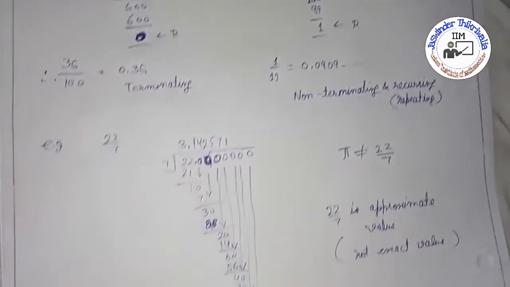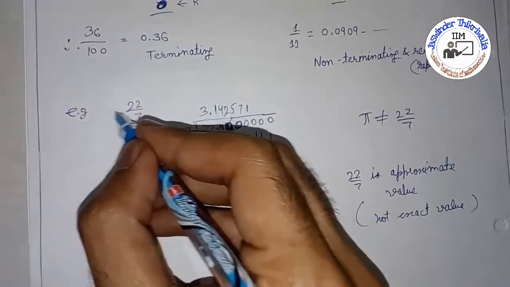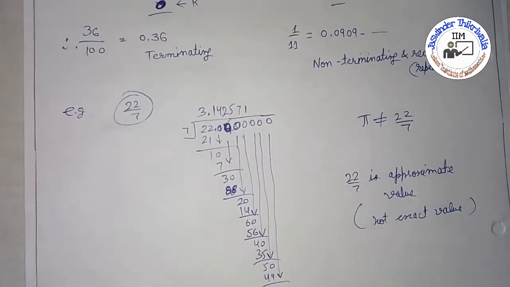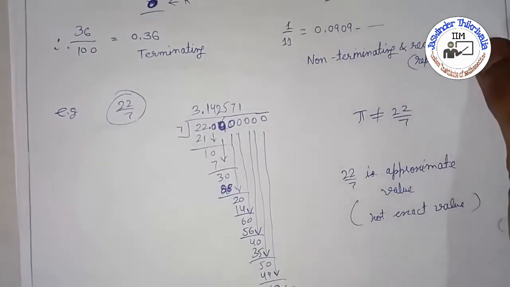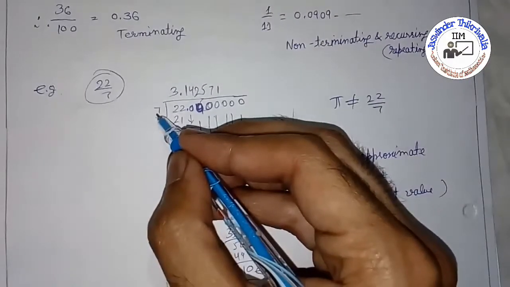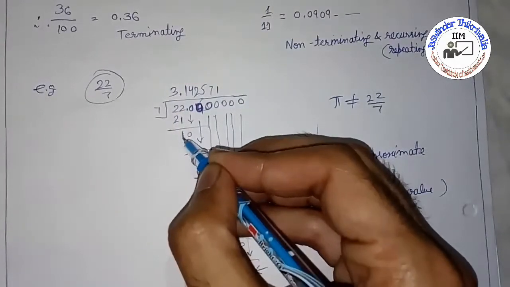Now third example. This example is from my side, because generally we denote pi is equal to 22 upon 7. We will make it clear whether pi is really equal to 22 upon 7 or not. First of all, you start dividing 22 by the table of 7. So divide it. 7 times 3 is 21, then 1 remainder.